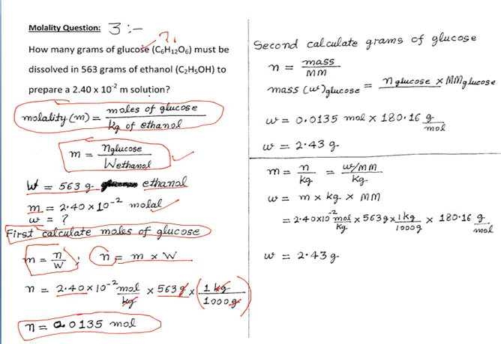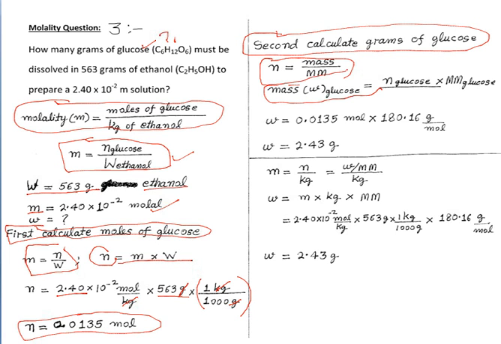So now we know how many moles will be dissolved in the ethanol to make a 2.40 times 10 to the minus 2 molal solution, and then we can calculate the gram quantity of glucose from moles. We will use this formula: small n is equal to mass divided by molar mass. From here we can calculate the mass, meaning the glucose quantity in grams will be equal to the number of moles of glucose multiplied by the molar mass of glucose.